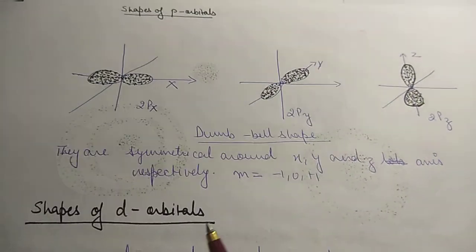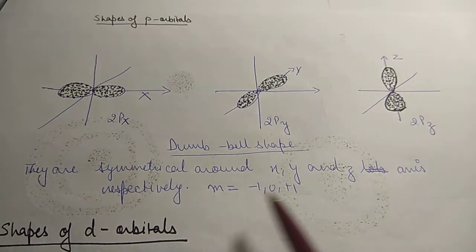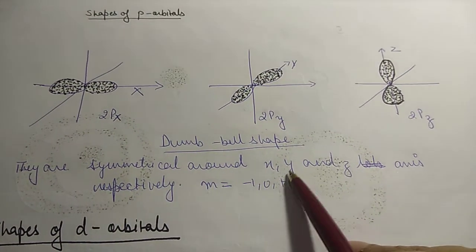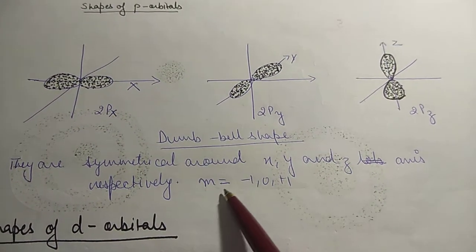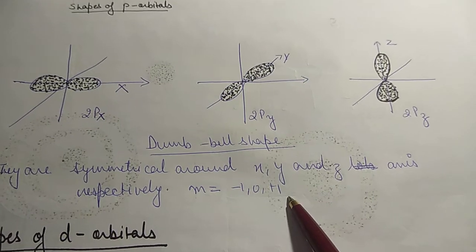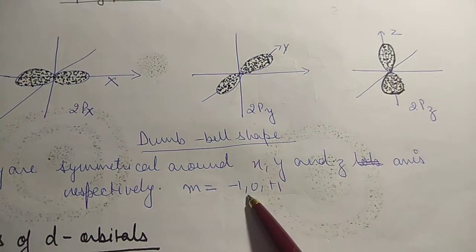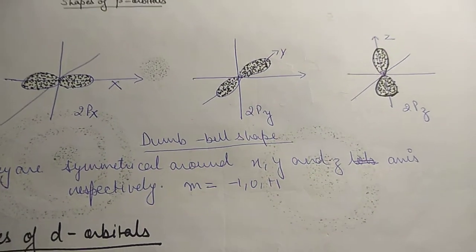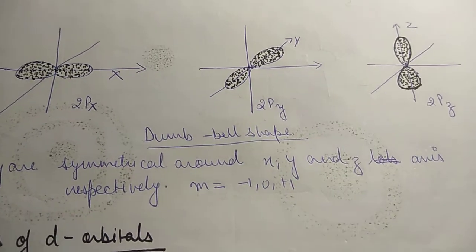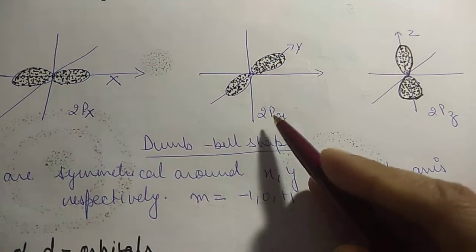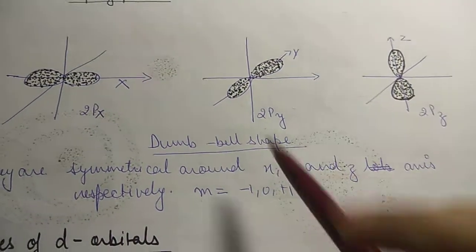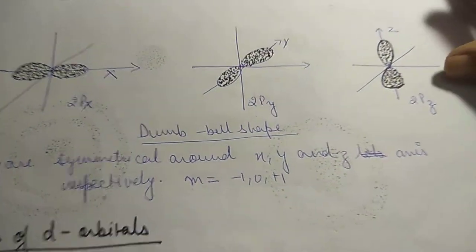So obviously there are three orbitals, and they are symmetrical around x, y and z axis respectively. m, I have told you, is equal to number of orientations, -1, 0, 1. That is the number of orientations which will exist in case of p orbitals. So 3 orientations exist.